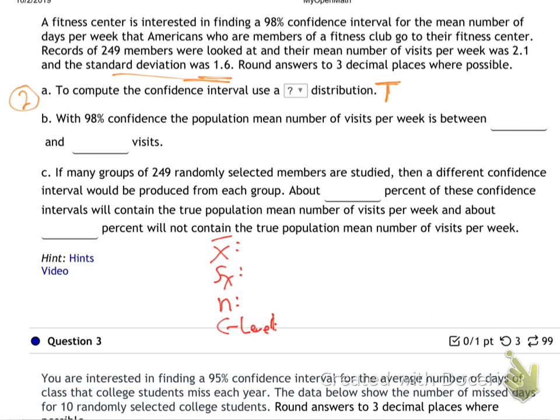X bar, yeah, the mean number of visits per week, 2.1. The S sub X, the standard deviation, 1.6. The N, the number, 249. And the confidence level, they want 0.98, don't they? Hit the buttons on the calculator there.